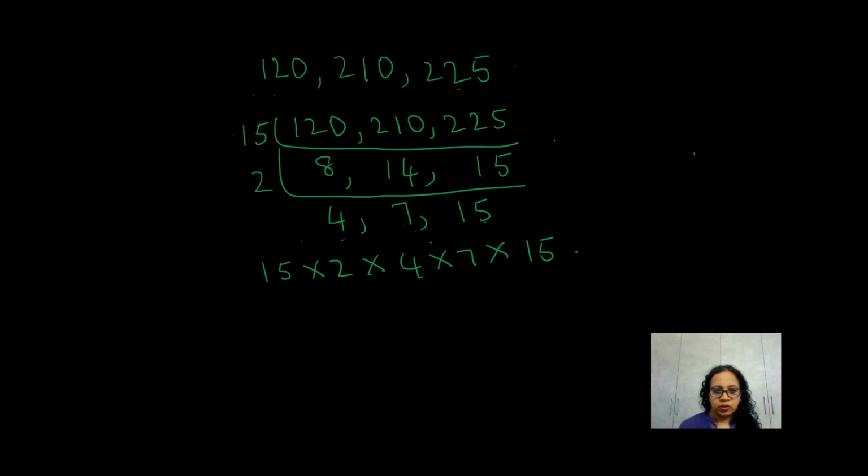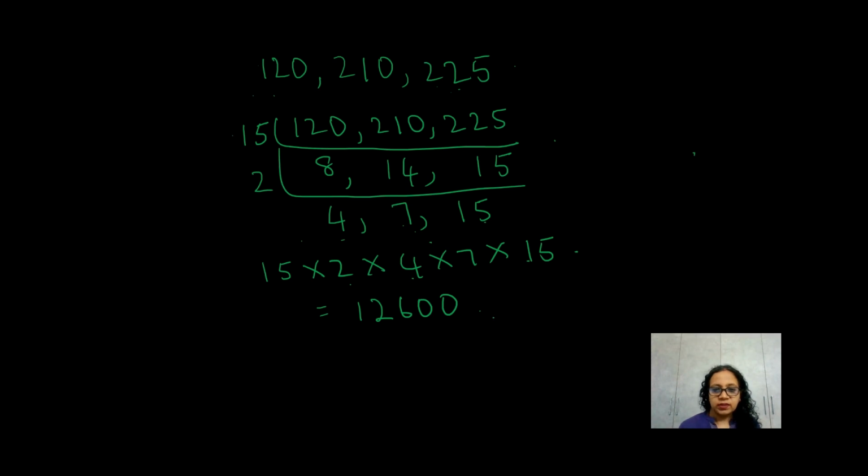So, you calculate it and you get 12,600, as 15 fifteens are 225, times 2 into 28. It will give you 12,600 as the LCM.